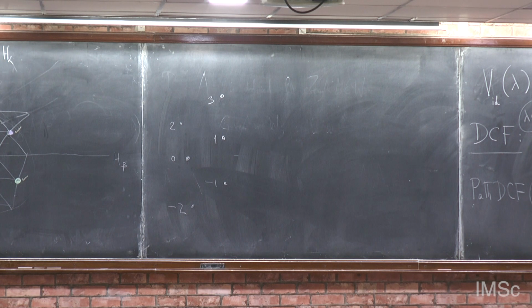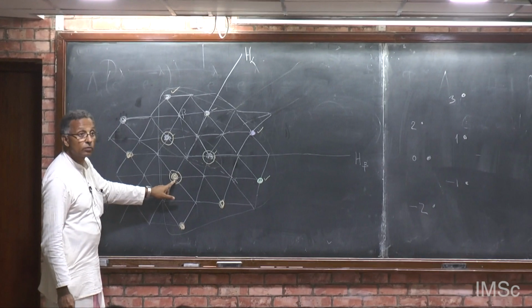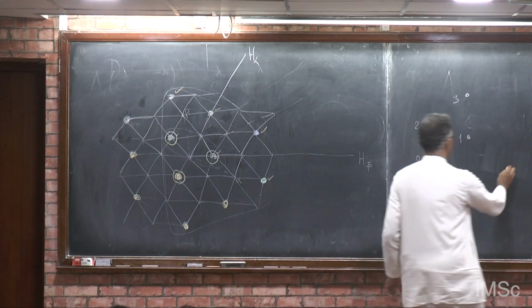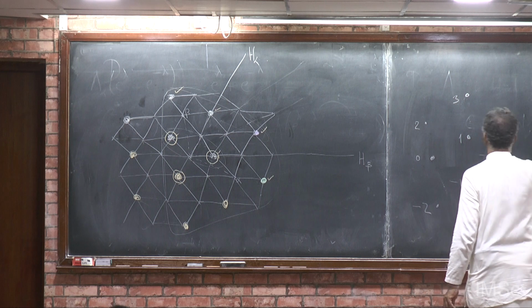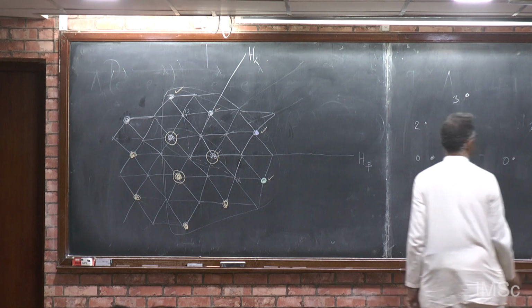I only have these dots without the multiplicities. I have applied S alpha and then an S beta, and I'm yet to apply an S alpha. And what is this? This is 0, this is 2, and this is 1.